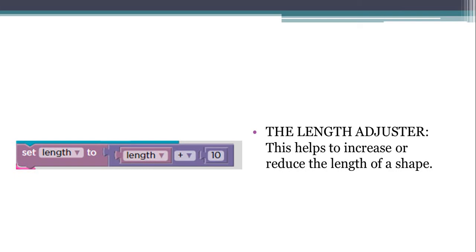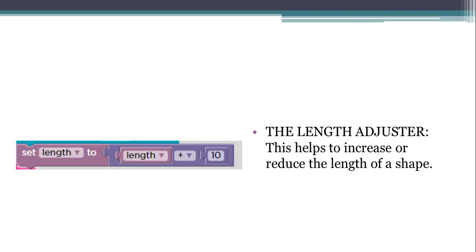So if maybe you put a length at 150, using the variable block 150, and we now put the length adjuster plus 10, it will count 150 plus 10, which is 160. So the next time your artist will be drawing, it will draw at 160.